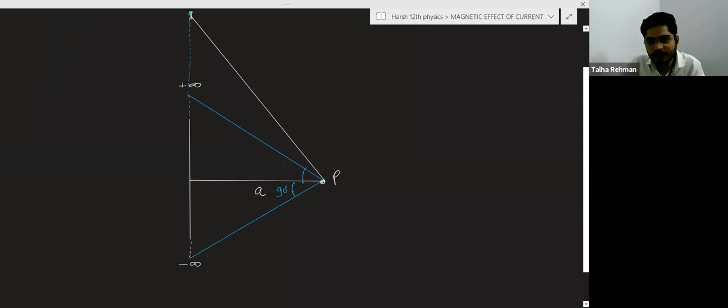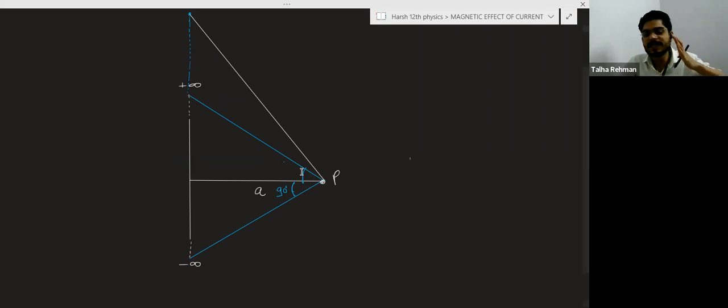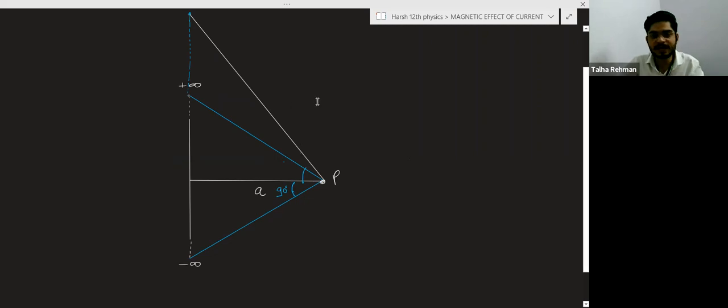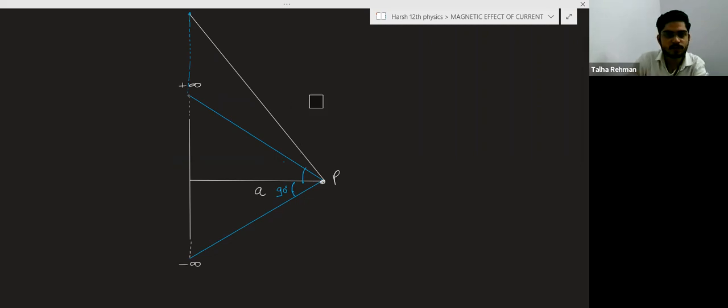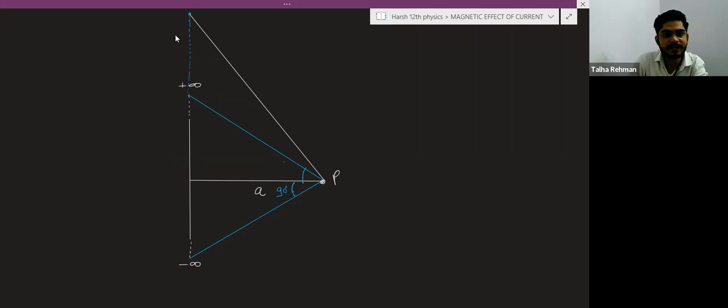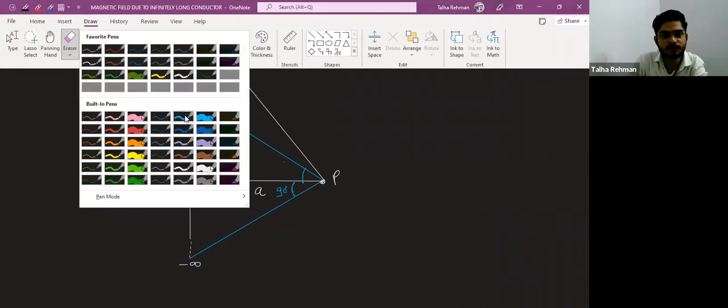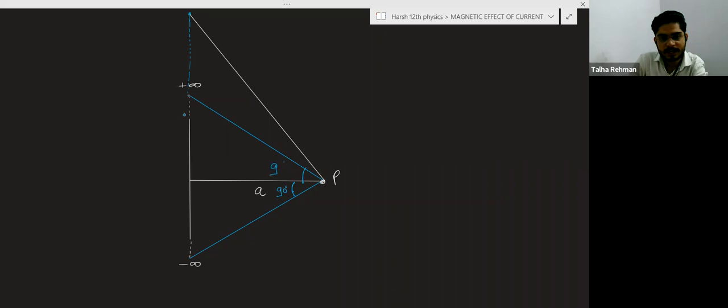When you move upward and join with this point, this angle is increasing, and when finally the length of the wire becomes infinite, this angle will become 90 degrees. So you can write this angle as 90 degrees, put that value in the formula, and you will get your answer.